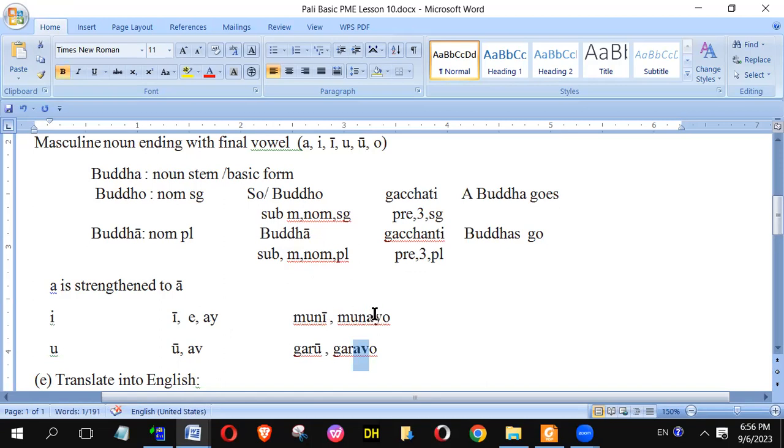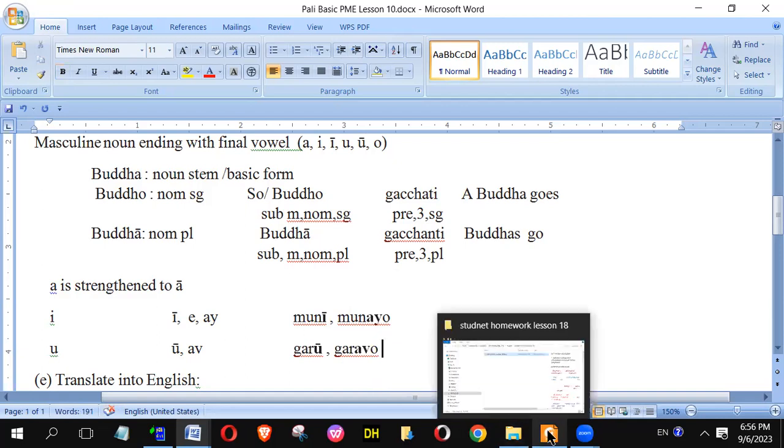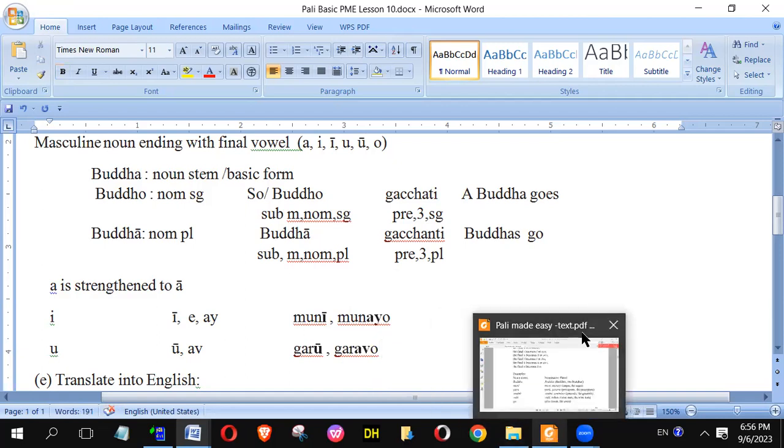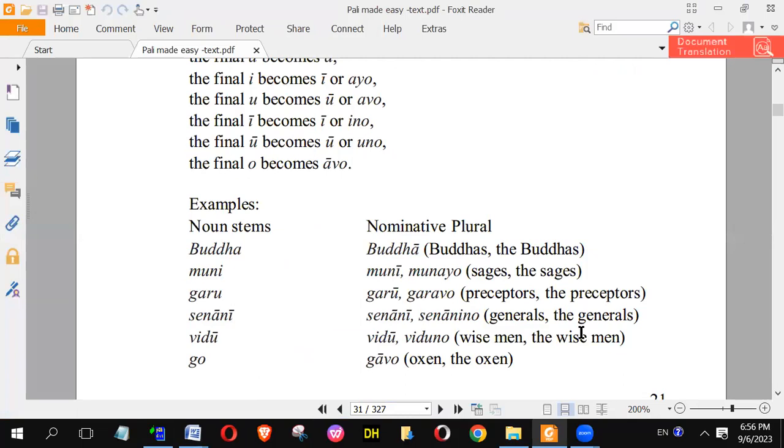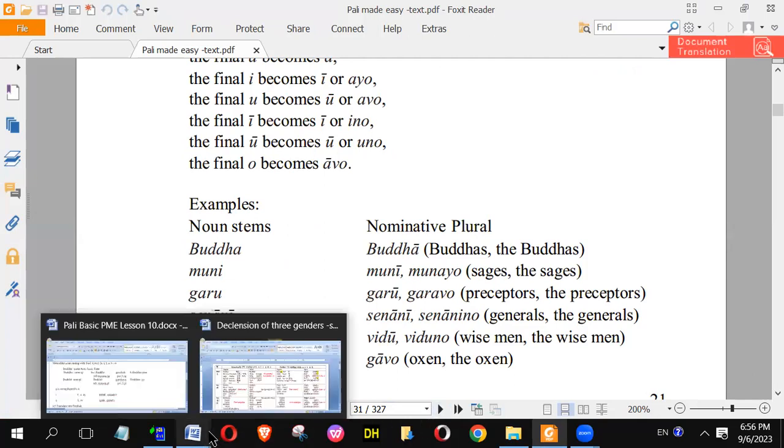So I becomes AY, U becomes AV, and then you put the O at the back. If you can remember this, it is easy to remember Muni, Munayo, Garu, Garavo. Any question up to this point? This process is called strengthening. Yeah, strengthening, yes.